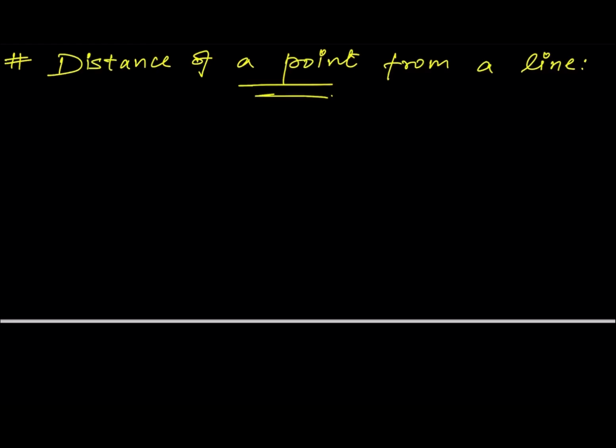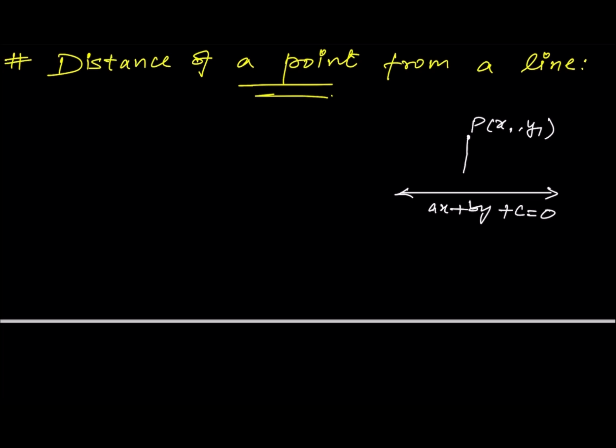So let us consider a line ax plus by plus c is equal to 0 and a point which is given, say x1, y1. And we need to find the distance of this point from the given line.